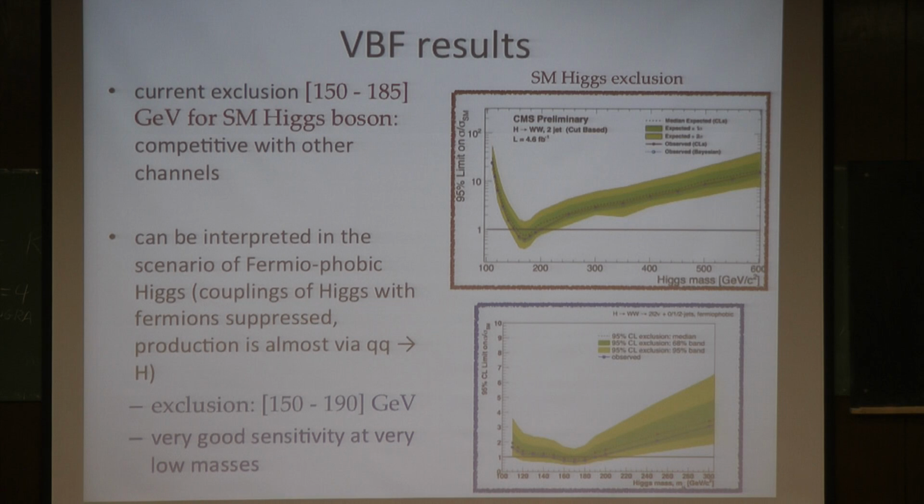And one can do a fermiophobic Higgs type of model that has higher cross-section, and you exclude here between 150 and 190 a little more, okay?